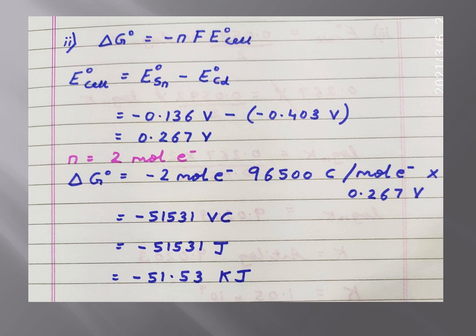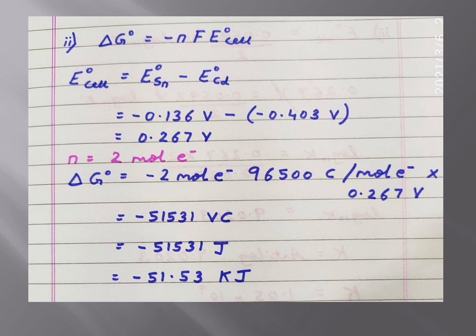Now we got E0 cell, and we know the value for Faraday. Now let us see how many moles of electrons are there. There are 2 moles of electrons, since Sn and Cd both have a charge of plus 2, that is why n is equal to 2.